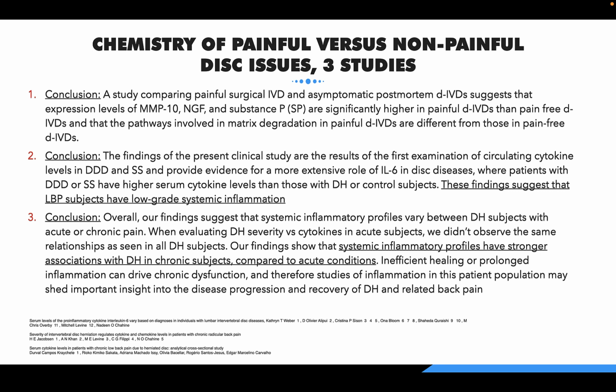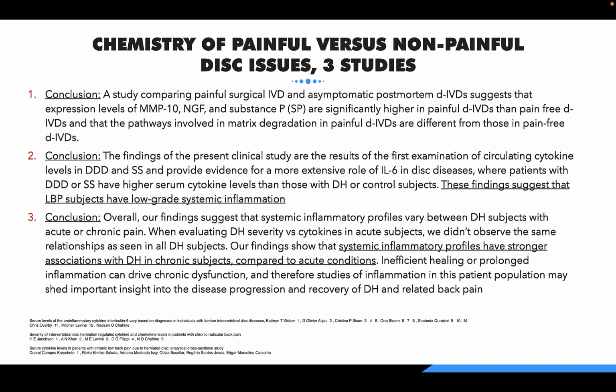Third study, overall our findings suggest that systemic inflammatory profiles vary between disc herniation subjects with acute or chronic pain. When evaluating disc herniation severity versus cytokines in acute subjects, we didn't observe the same relationship as seen in all disc herniation subjects. Our findings show that systemic inflammatory profiles have stronger association with disc herniation in chronic subjects compared to acute conditions, meaning that it is chronic neuroinflammation that creates chronic pain patients.